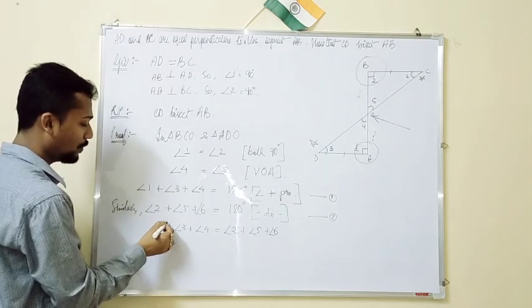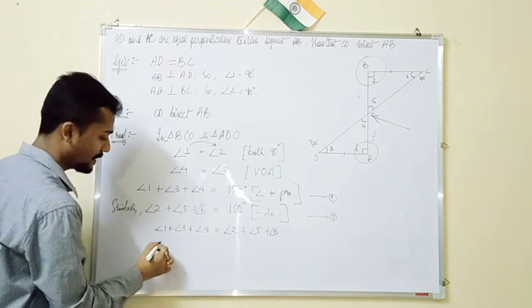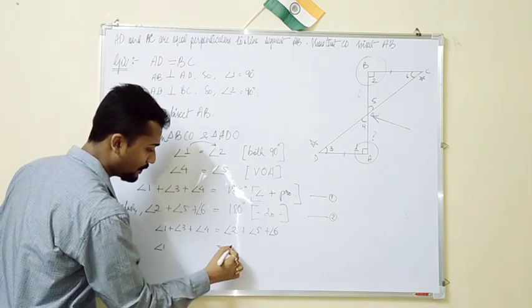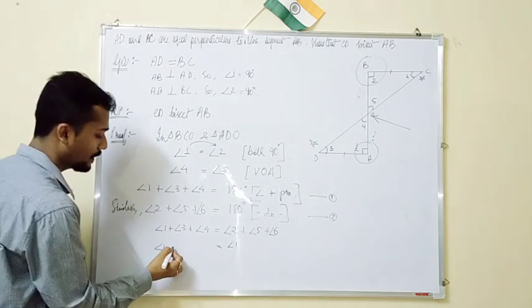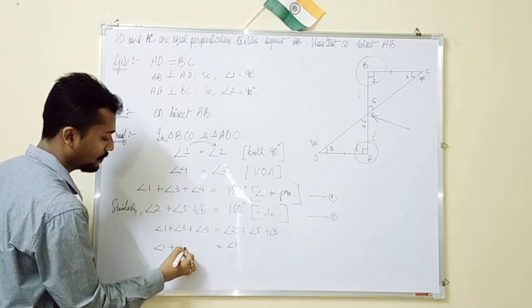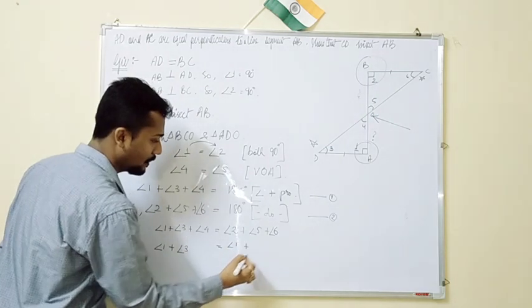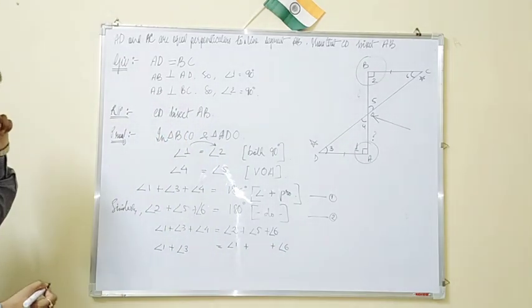Now, angle 1 is equal to angle 2. That means in place of angle 2, I can put angle 1. We don't know about angle 3, angle 5, and angle 6. We are going to find it out.